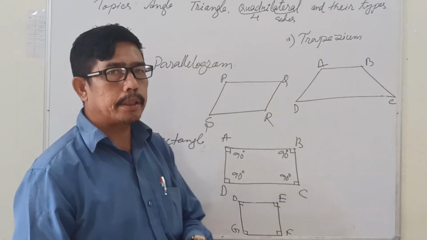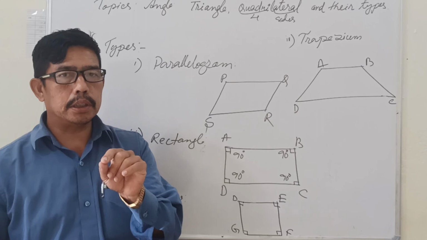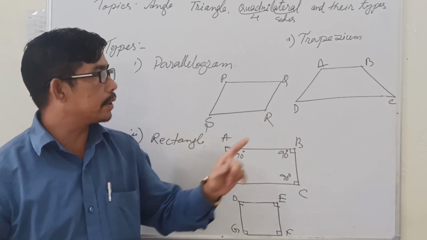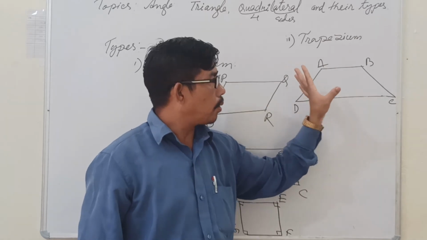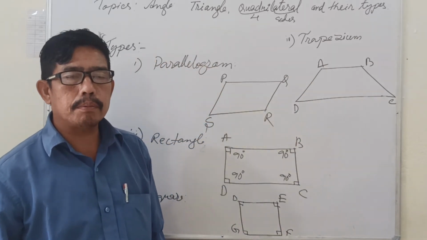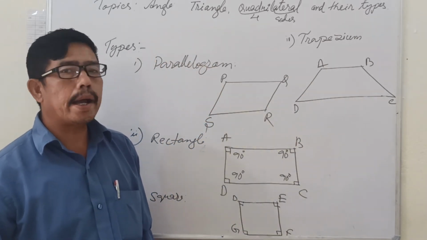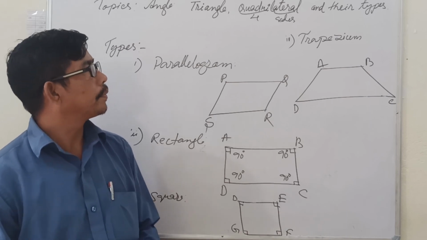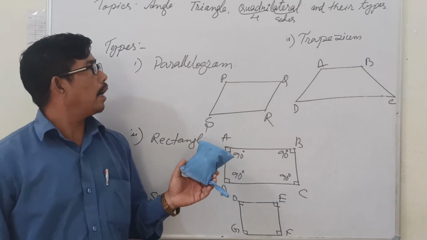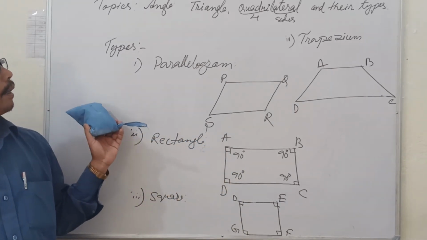So at least there must be a pair of opposite sides parallel to each other. That is, AB is parallel to DC. So such a quadrilateral in which there is a pair of opposite sides parallel is known as a trapezium. So these are the types of quadrilaterals.